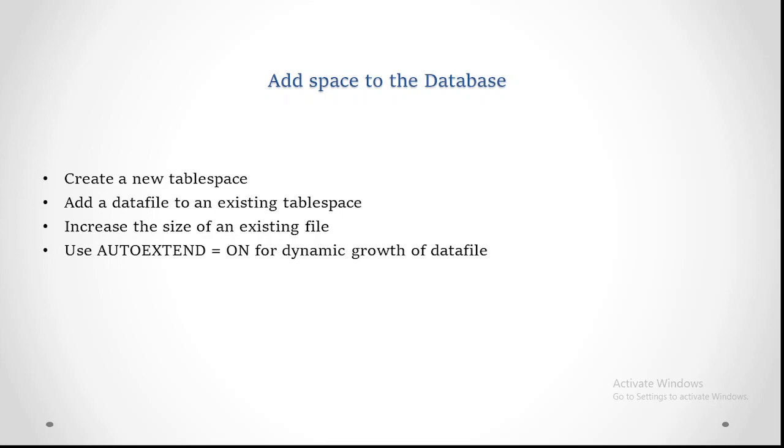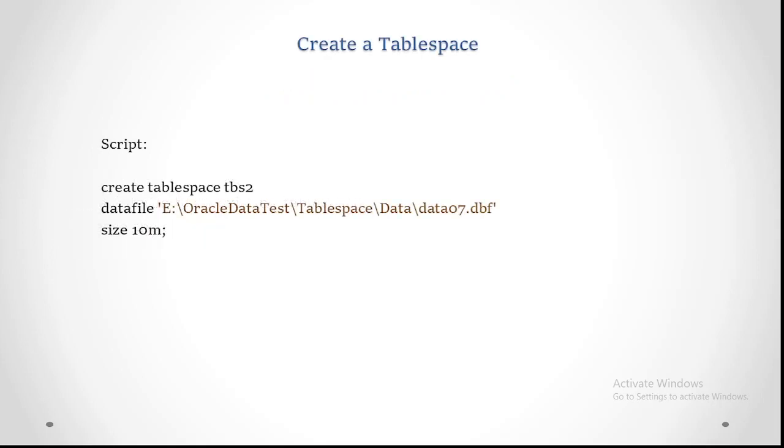So first let's talk about creating a new tablespace. Creating a new tablespace is very simple. The script is CREATE TABLESPACE, the tablespace name, and we mention the data file. As I already told you, for a tablespace one data file is mandatory, and you can have one or more data files in a tablespace. So CREATE TABLESPACE tbs2 DATAFILE, the location of the data file, data07.dbf.